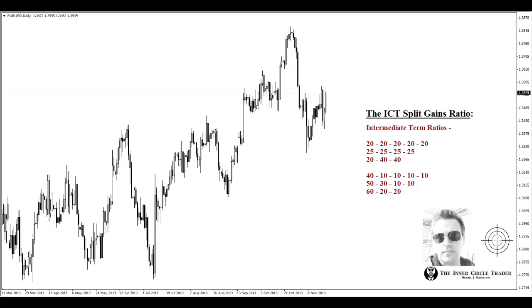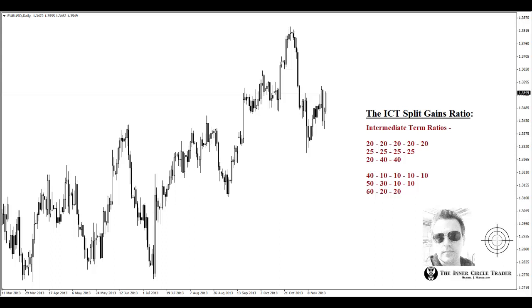Out of 100% of that total position, you could take 2,000 of leverage off at your first target. At your second target, take another 2,000 off, another 2,000 at the third target, the fourth, and the final fifth. That's an ideal scenario if you want to scale off in 5 position exit points.